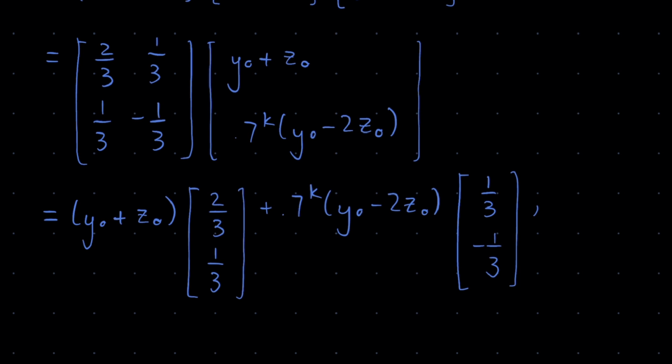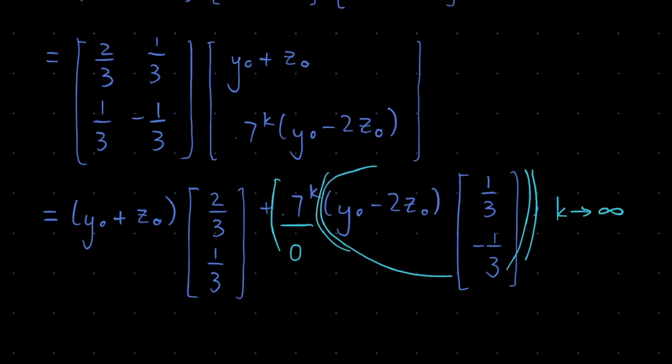When k approaches infinity, notice that this whole term converges to 0 because 0.7 to the k converges to 0 when k approaches infinity. And 0 times anything is basically 0. Of course, this is a constant, so we don't have to worry about, for example, asymptotic analysis or how a function is growing faster than another function. So that's it.